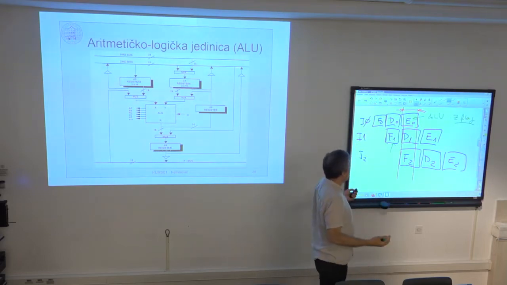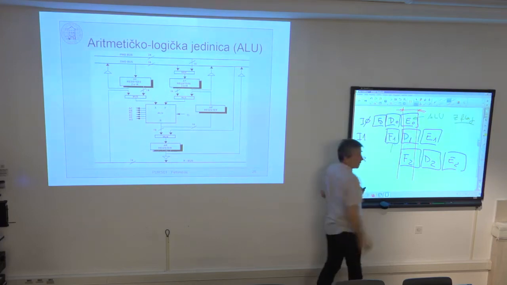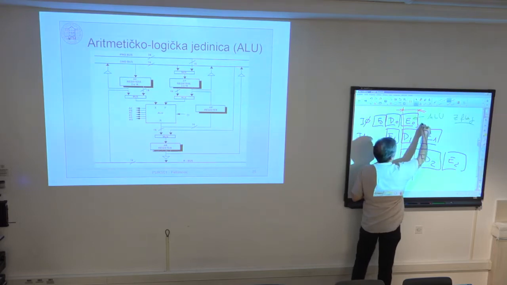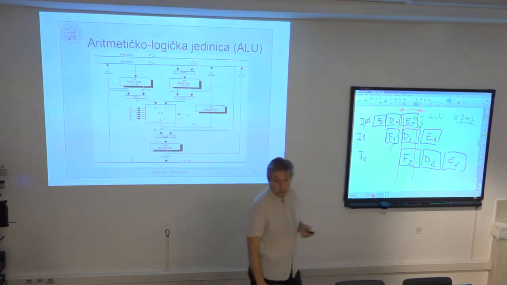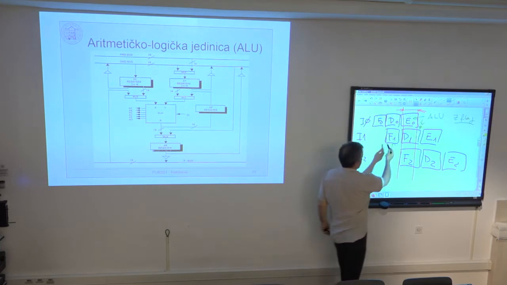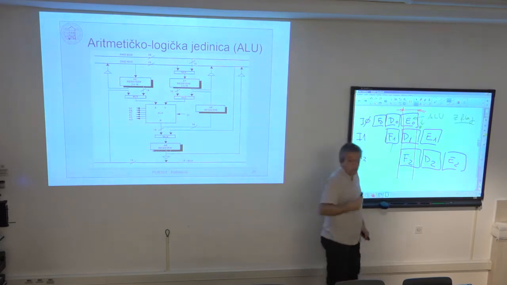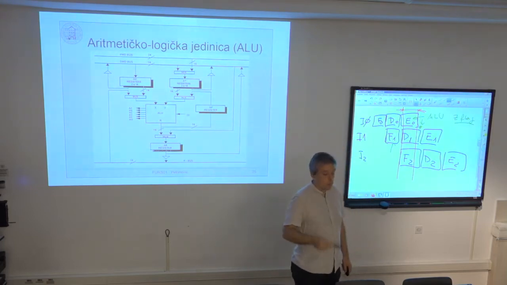But how can it fetch the instruction here since it doesn't have the condition? The condition is set only here. So at this time instance, I would have a valid condition in the zero bit. For that reason, I cannot do the fetching and decoding of the next instruction, because I don't know what the next address is, whether it is the normal program counter plus 1 or some kind of branching address.